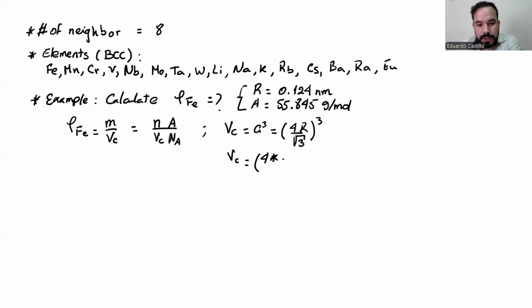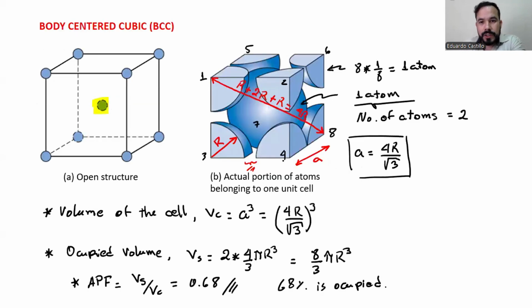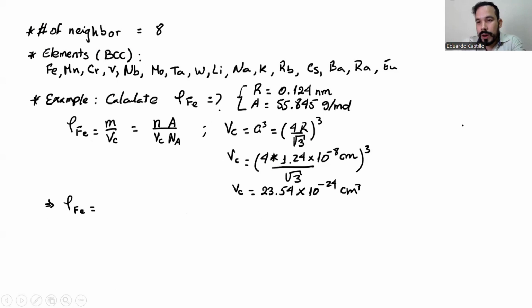So replacing R, the volume of the cell can be calculated as 4 times the radius, that is 1.24 times 10 to the minus 8 centimeters, since we want to get cubic centimeters, over square root of 3, to the power 3. And this is equal to 23.54 times 10 to the minus 24 cubic centimeters. And therefore, the density of iron can be found as follows. The number of atoms in a BCC structure is equal to 2.